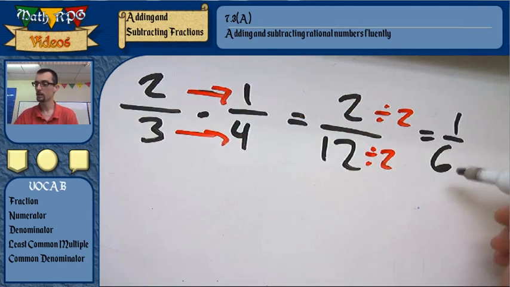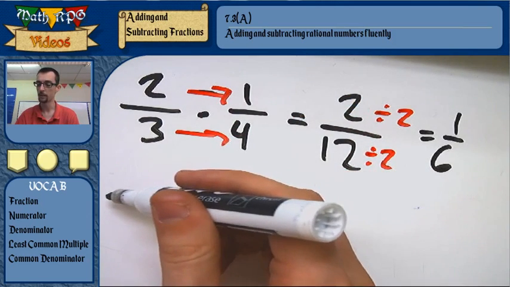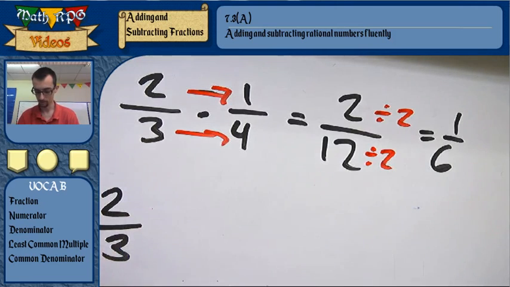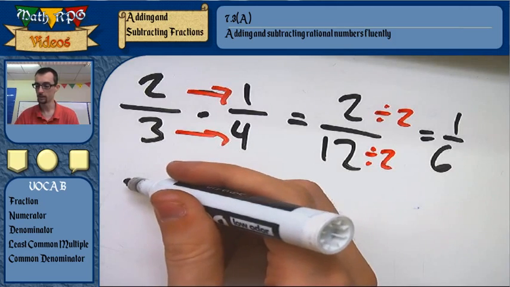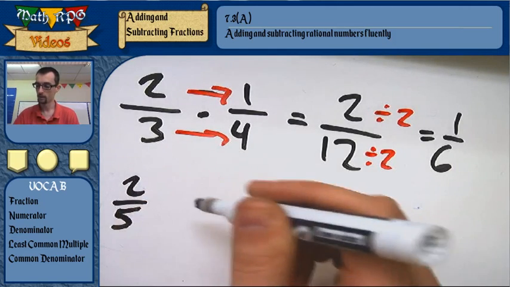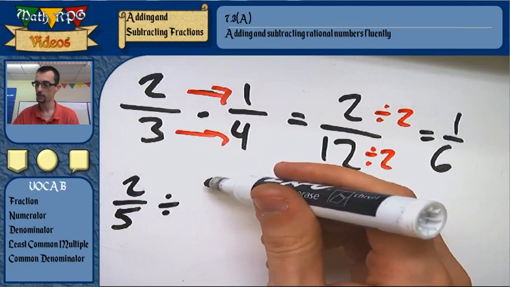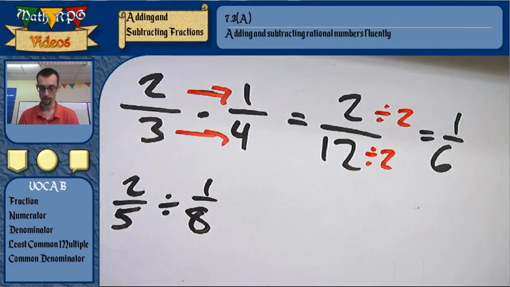Okay, and likewise, to divide two fractions, I'm going to pull out a couple different numbers here. To divide two fractions, at least the easiest way to do it is to keep, change, flip. Instead of dividing by the fraction, let's instead multiply by the reciprocal of that fraction.